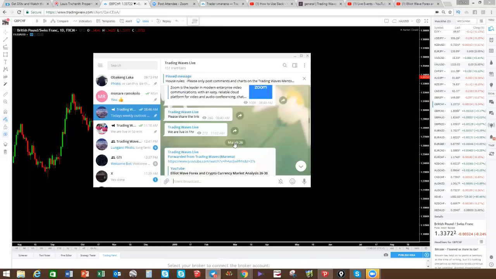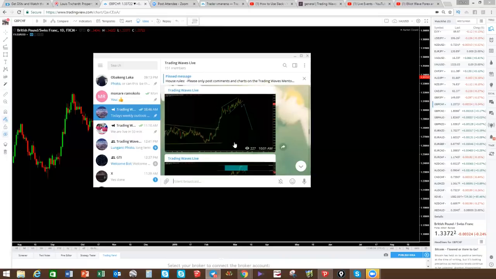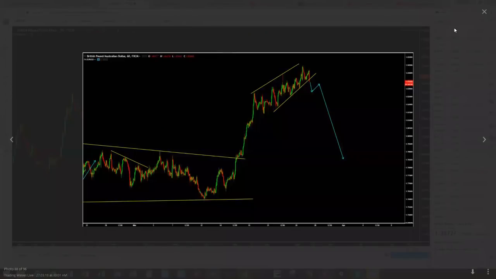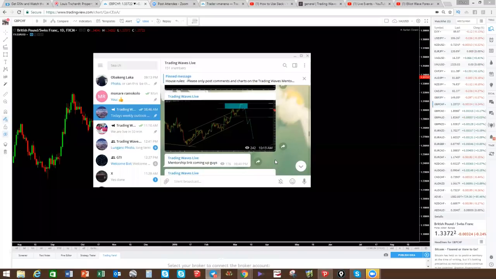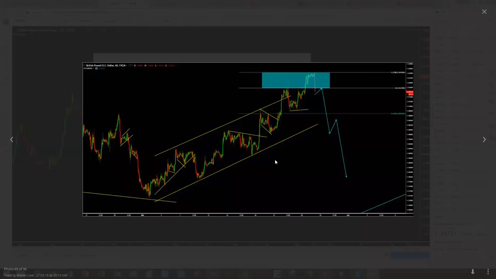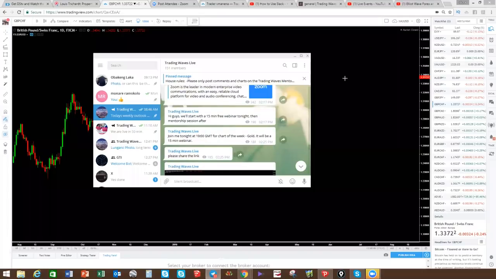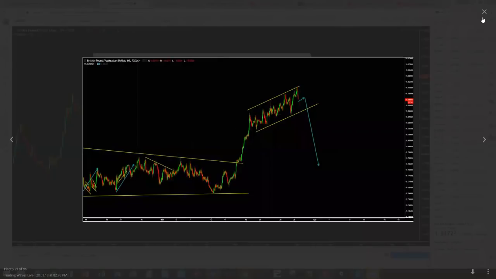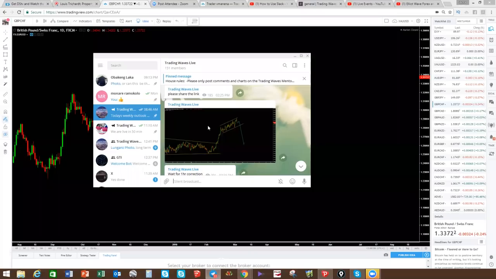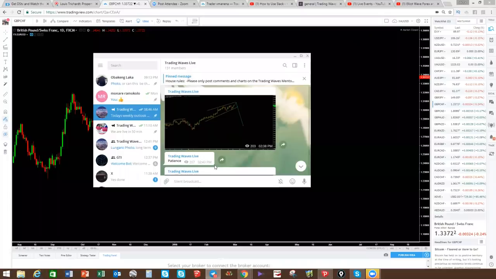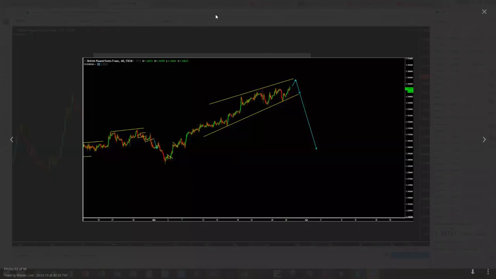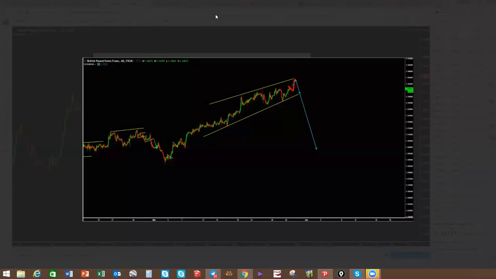There's Pound Chief. As you can see, we wanted it to crawl up. It did this, came back down, came back up, and now we're looking for this move here. It's currently here now, right?